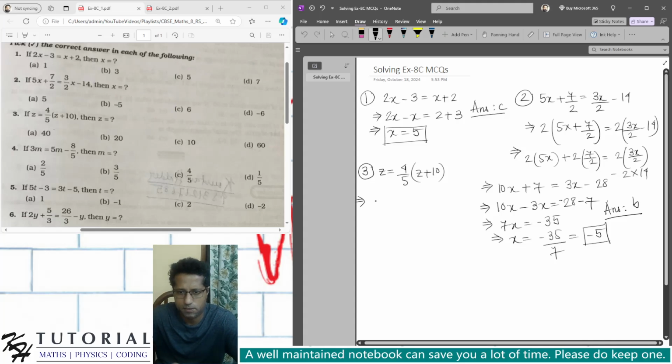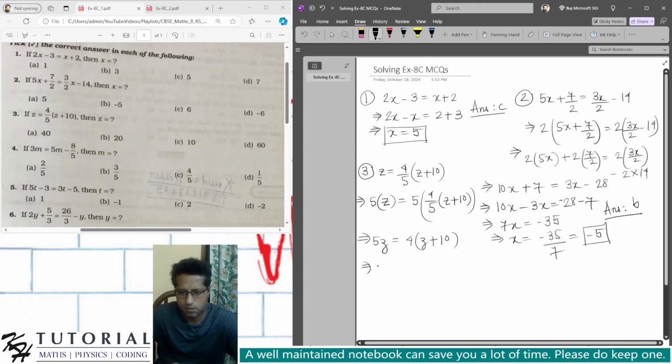So this implies 5z is equal to 5 multiplied by the RHS, that is 4 by 5 multiplied by z plus 10. So this implies 5z is equal to, 5 cancels out, we get 4 into z plus 10.